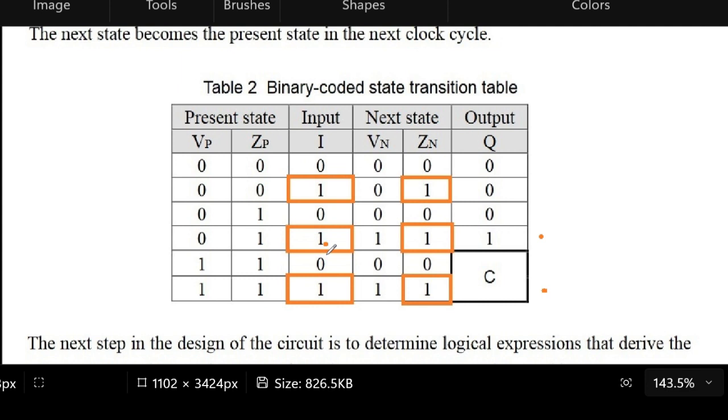And it seems like the other columns would have Zp. For example, if you look at Zp, it has 1, and Vn also has 1. Therefore, they could be correct answers too.